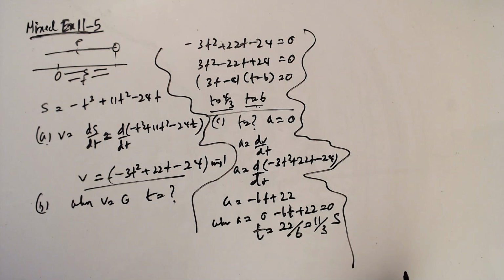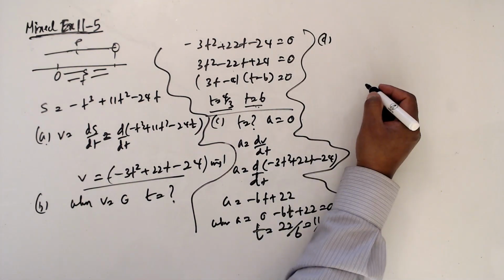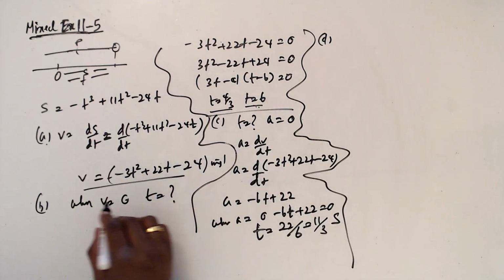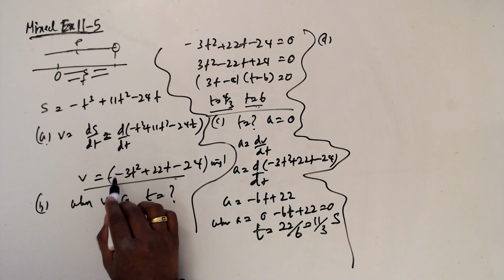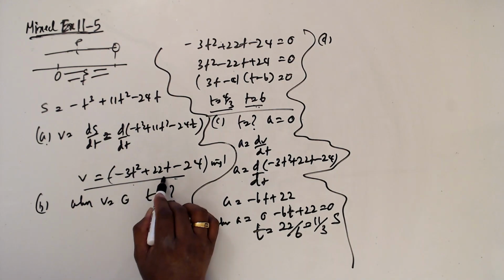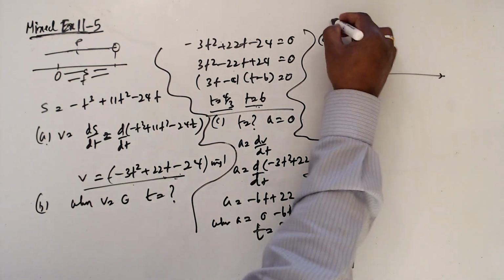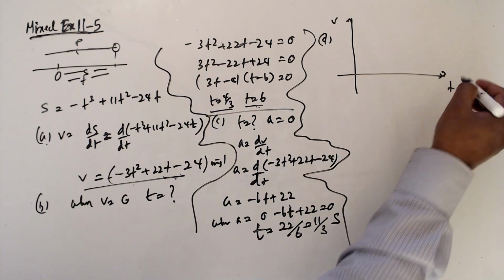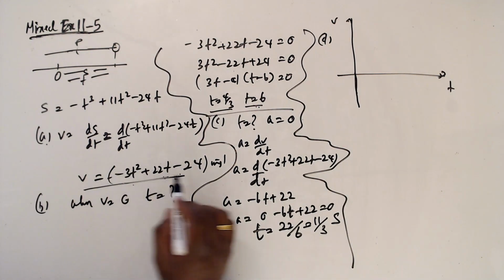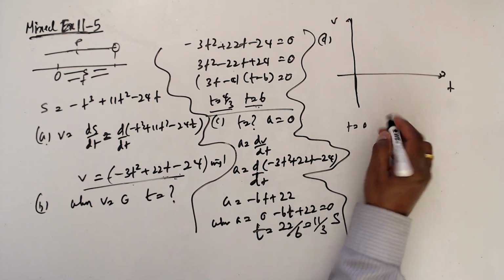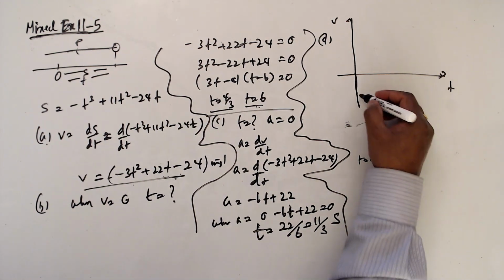Then part D, we need to sketch the velocity time graph. This is a quadratic equation, and it has a maximum. When t equals 0, v equals minus 24.